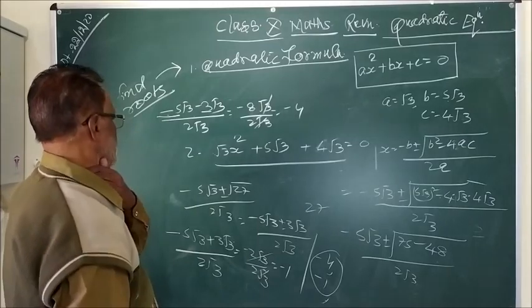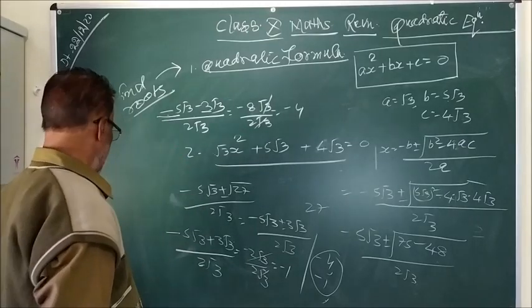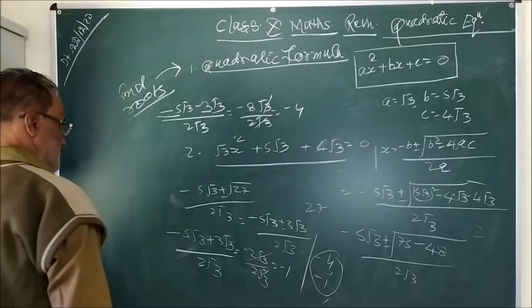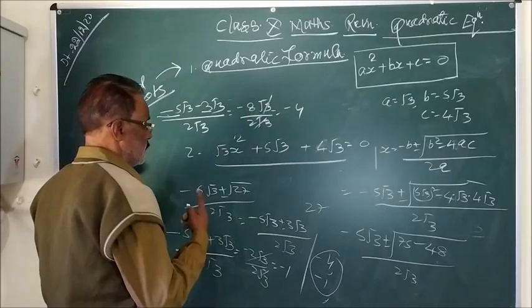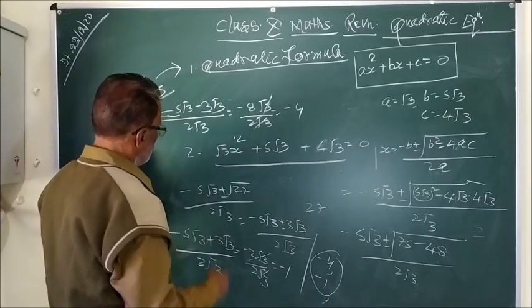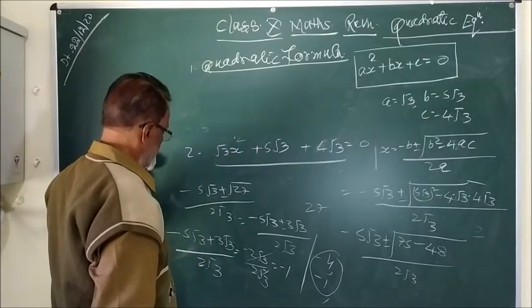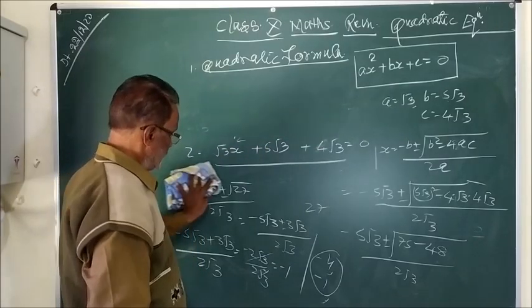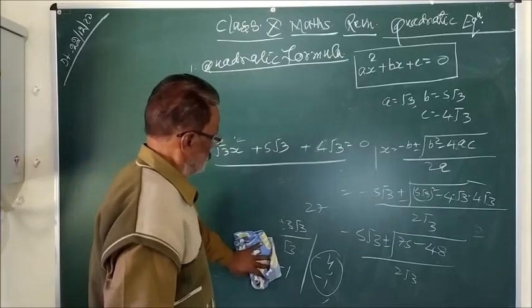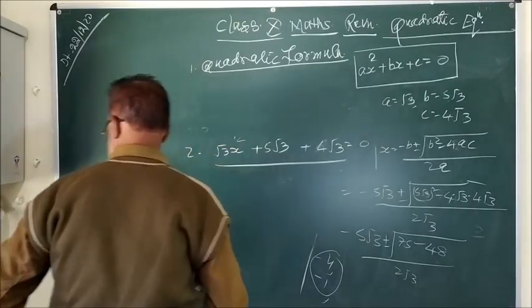So this is the quadratic formula method. Now if you solve by factorization or by completing the square, you will get the same solution. I would like to check it.